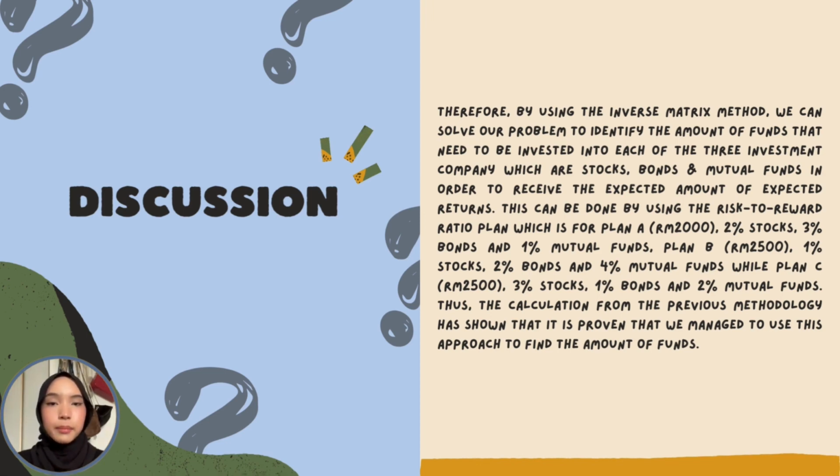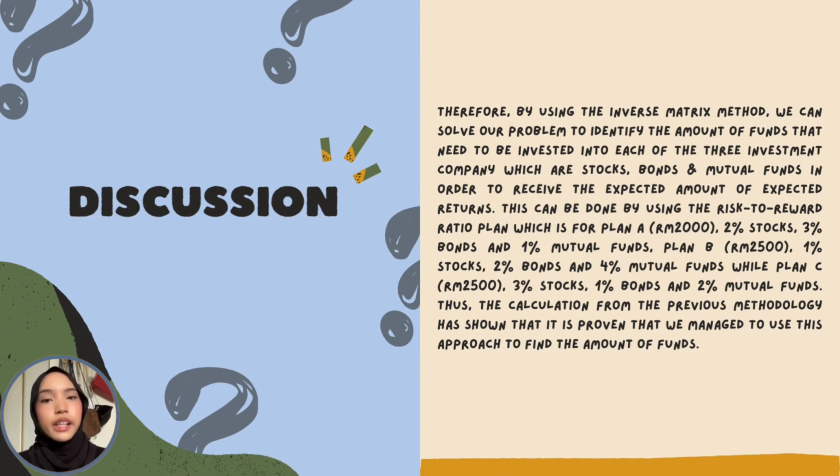This can be done by using the risk to reward ratio plan. For plan A, the return is 2,000 ringgit Malaysia. The ratio is 2% of stocks, 3% of bonds, and 1% of mutual funds.